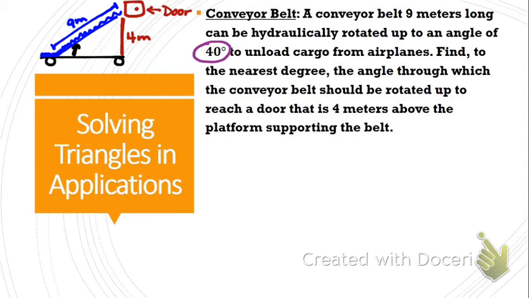What do I want to know about this problem? I want to know the angle of elevation, yes. Find the angle. So what function is going to help me do that? Here's that angle that I'm looking for. Inverse of sine. Inverse sine, yes.